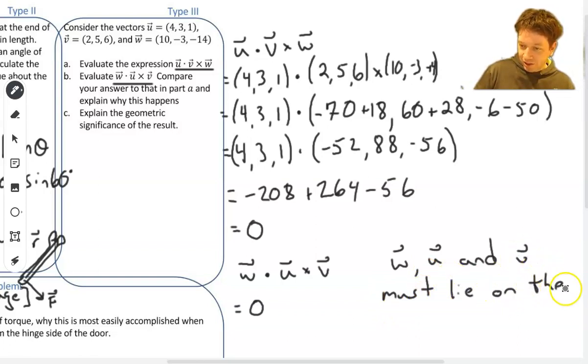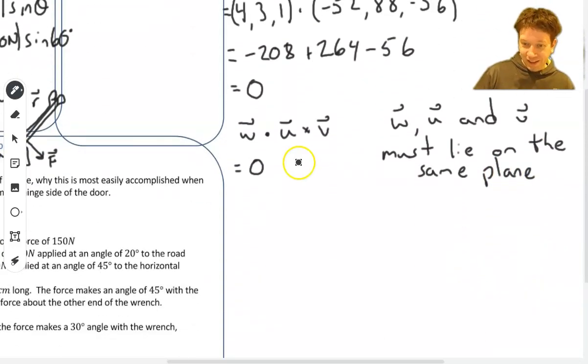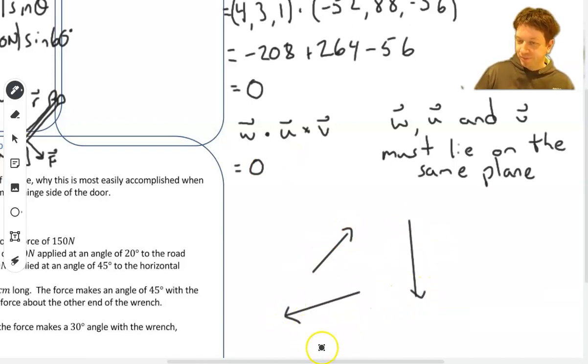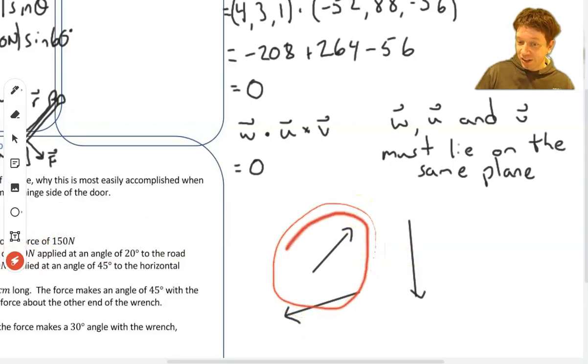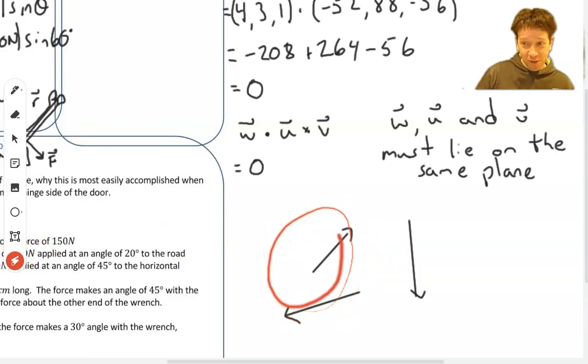on the same plane. So let me explain what I mean by that. Imagine the screen that you're looking at is a plane, the plane of the screen, and I can draw a bunch of vectors. So let's say 1 is W, 1 is U, and 1 is V. Now if you take two of these vectors and find a cross product, you're going to get a vector perpendicular to both of them.